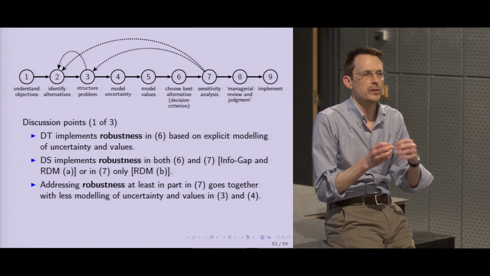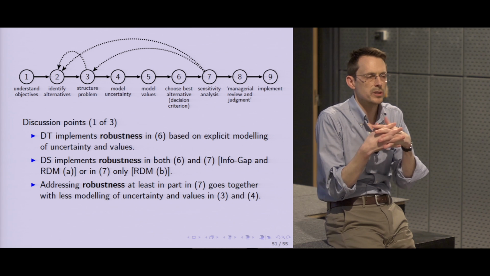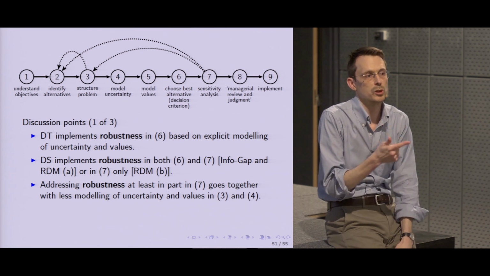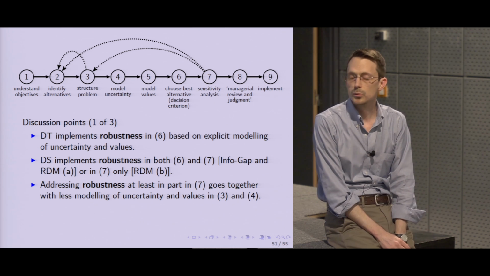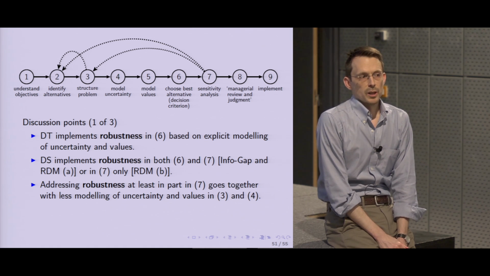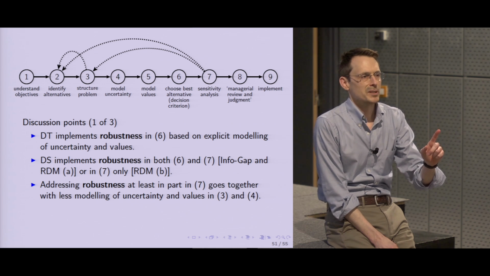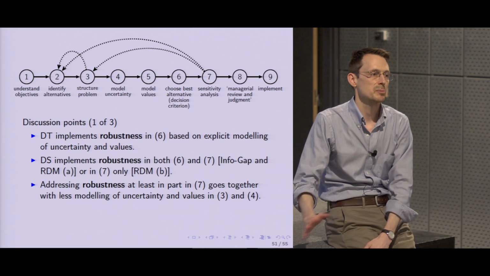So decision theory are these models that are developed with a concern for representation theorems and for axiomatizations. There's descriptive aims, but there's also normative aims. And decision support is this broader category that I take to include RDM and InfoGap. So I understand the full name of InfoGap is Information Gap Decision Theory, but as far as the distinction that I'm making, I think it falls in decision support.